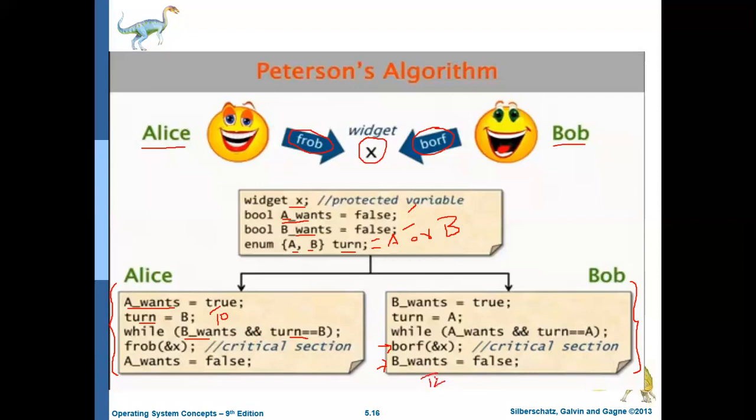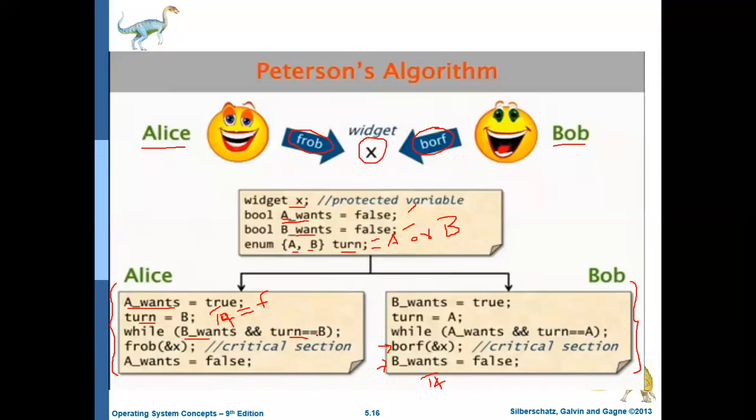Then till time t4 Alice will keep on checking what is B wants and what is turn. Turn is B, that is not going to change, but B wants will change to false at time t4. There is no more B wants to enter the critical section. Then this while loop fails, because false and true becomes false.